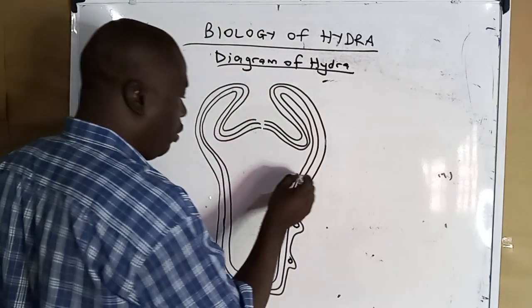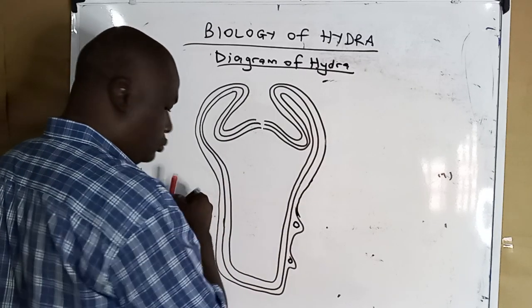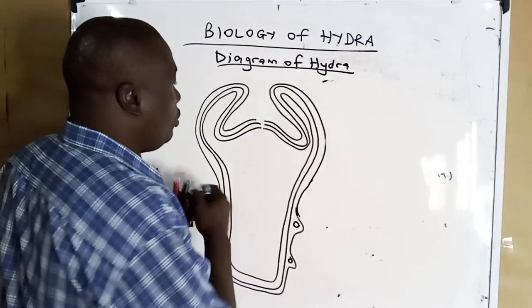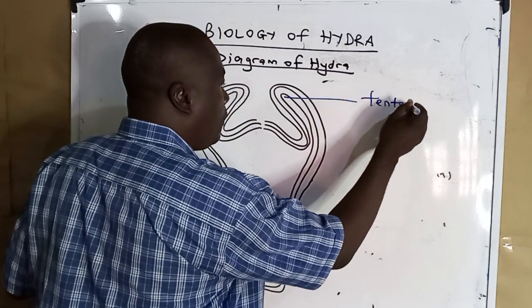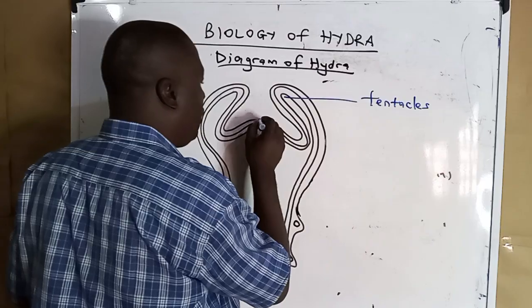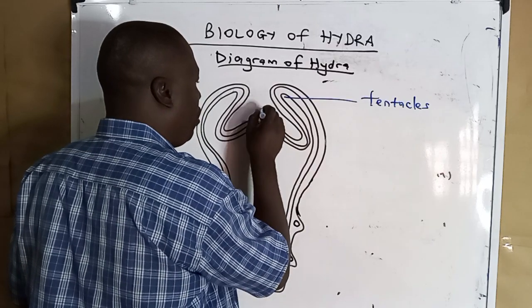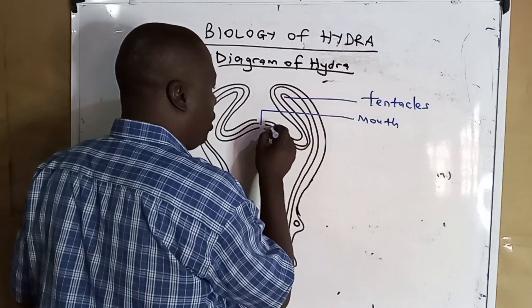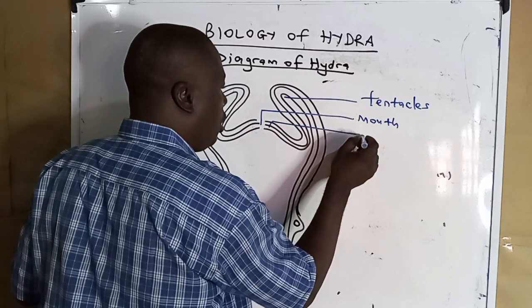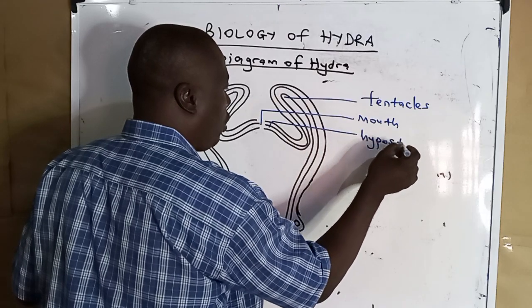And this is the tentacles. This space you are seeing here is the mouth. Here is the hypostome that bears the mouth, surrounds the mouth.